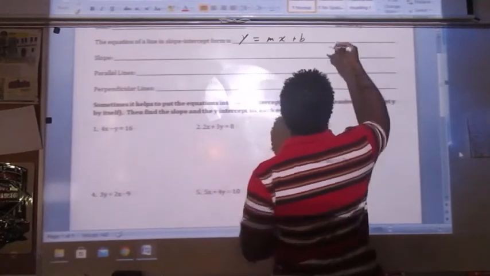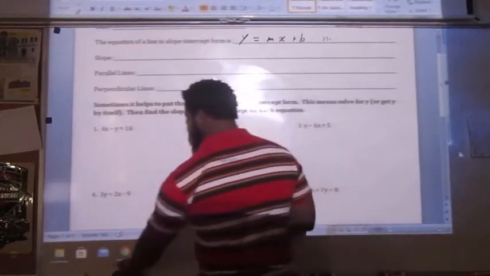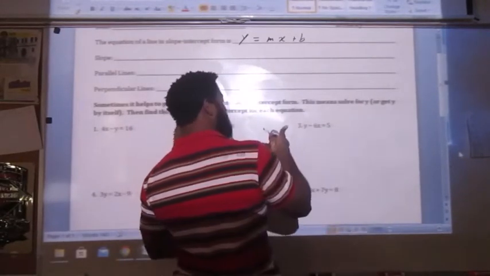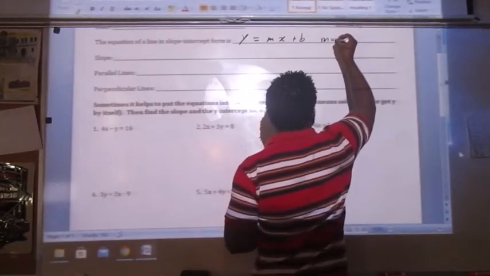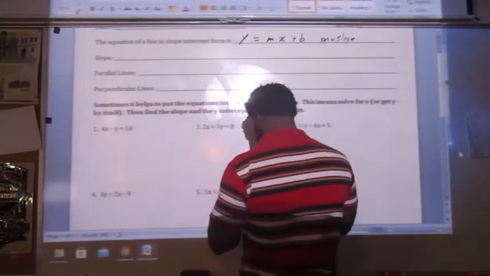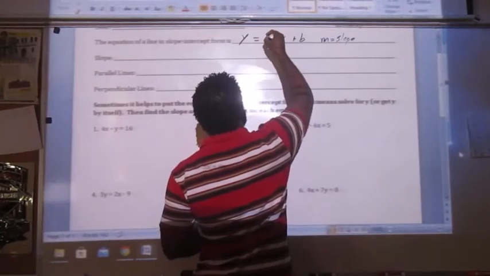Where m is equal to your slope. M is equal to your slope. This one right here.